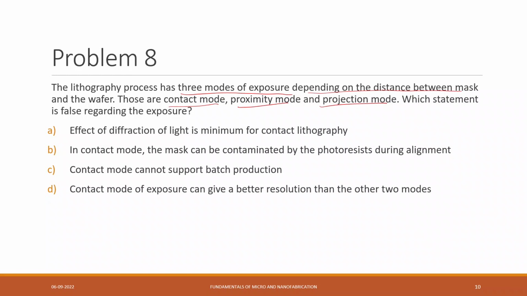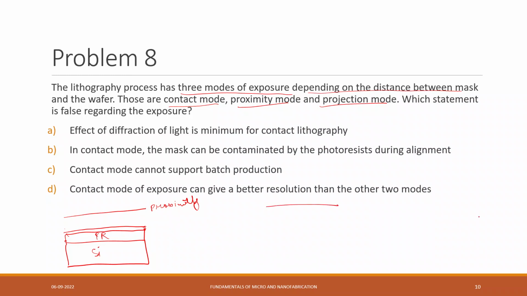Essentially, if you have a silicon wafer and this is the photoresist, it depends on where we place the mask. If the distance is very little, we call it contact. If the distance is appreciable, we call it proximity. And if it is very large, there we use a lens system.